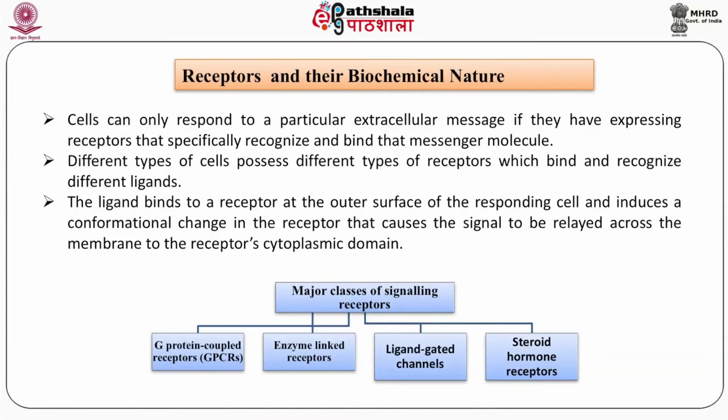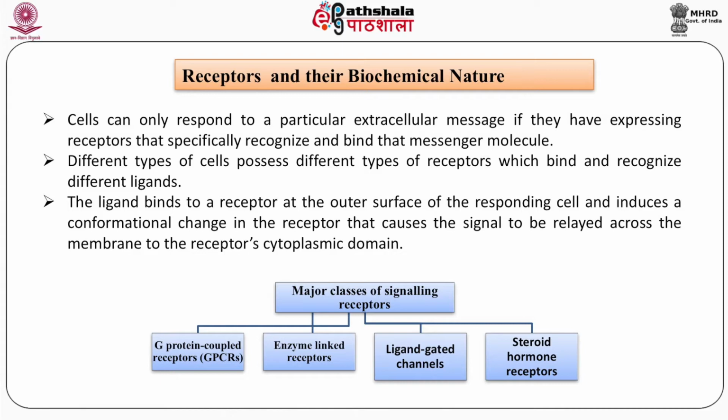Now, these cellular signaling molecules are one part, and the other part is the receptors which will accept these molecules. Cells can only respond to a particular extracellular message if they express receptors that specifically recognize and bind that messenger molecule.